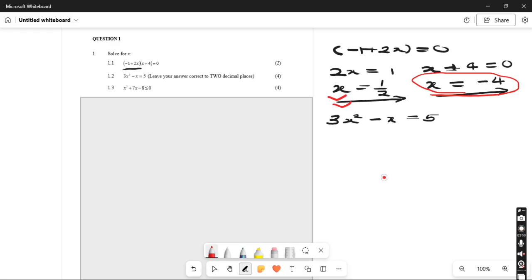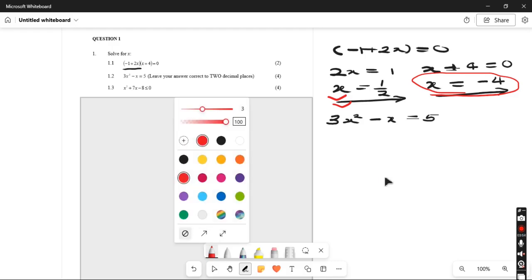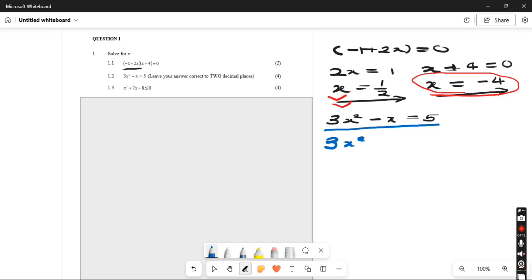And the second problem. Moving on to question 2, let me use the blue color to solve this one. So from here we've got 3x squared minus x minus 5 to be equal to 0.